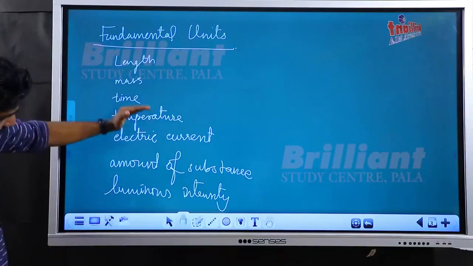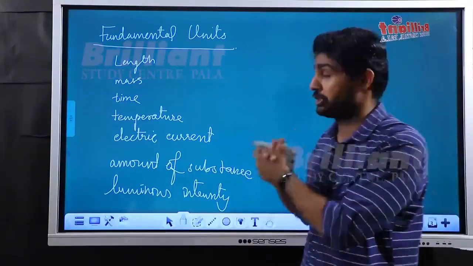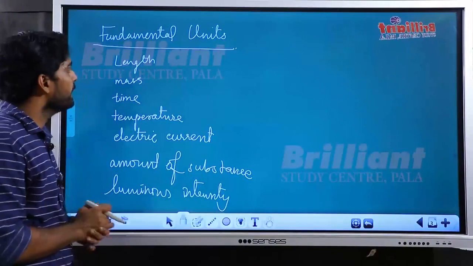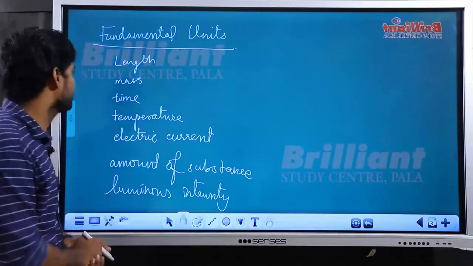So we have 7 fundamental quantities generally. This is the internationally accepted list of fundamental quantities. Now the units of these quantities are what we call fundamental units. It's as simple as that.